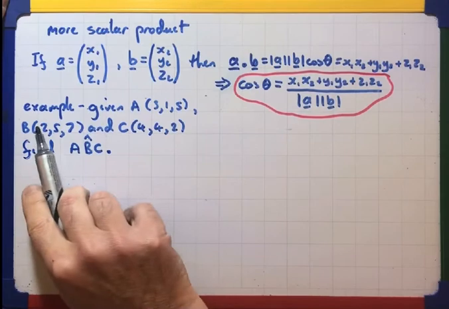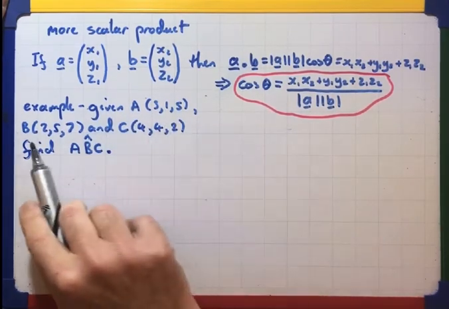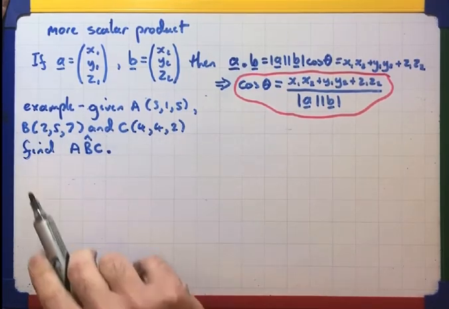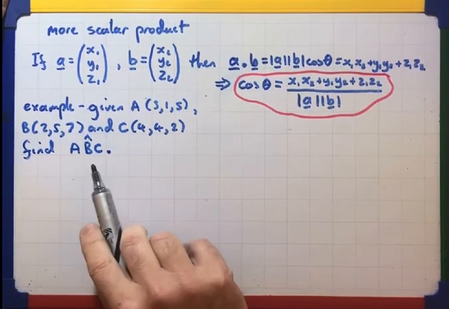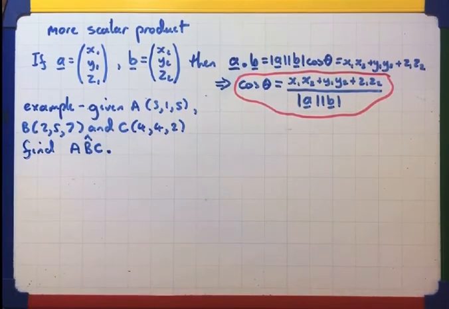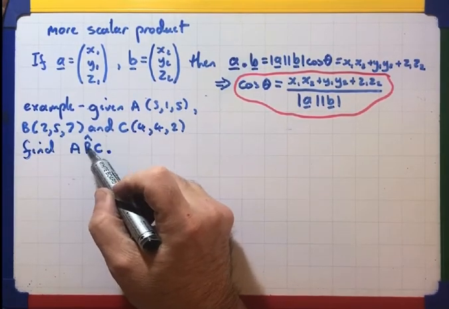We're going to use that in this question. Given that A is 3, 1, 5, B is 2, 5, 7 and C is 4, 4, 2, find the angle ABC. So we need to work out two vectors first of all. Remember, we want the vectors going away from the point.